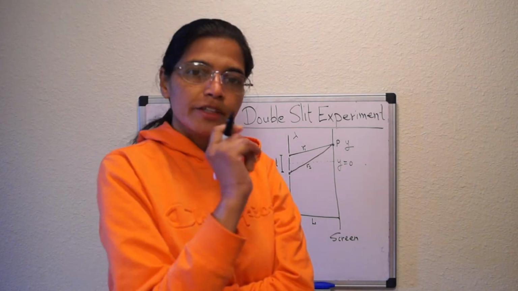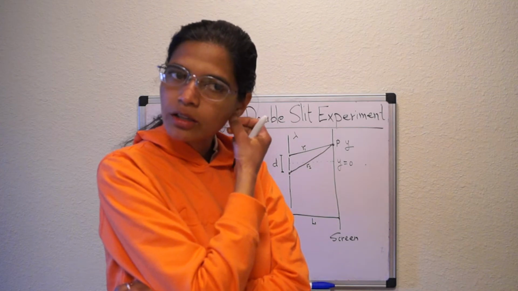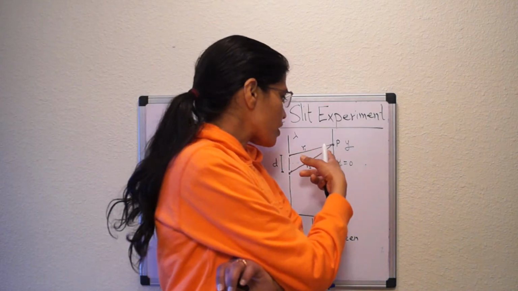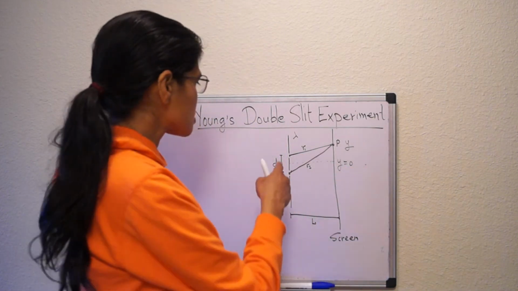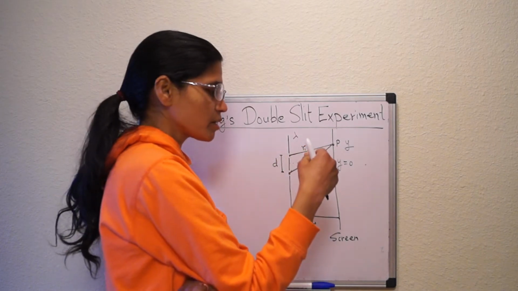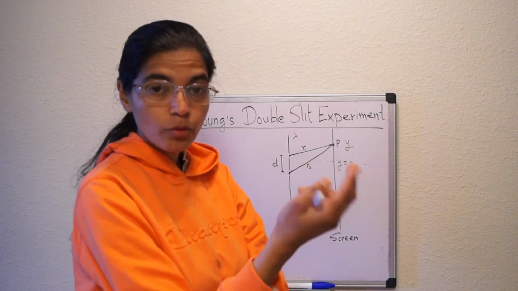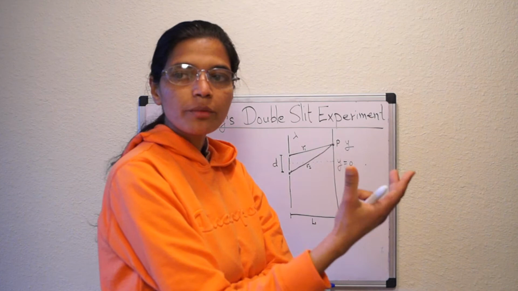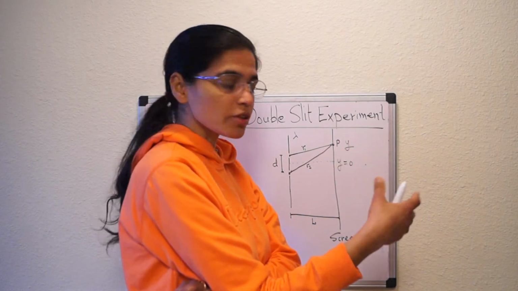It turns out that we can use the same principle that we developed for interference of sound waves. We said when two waves travel, if the path length difference is a multiple of lambda, then this point will be a constructive interference region.